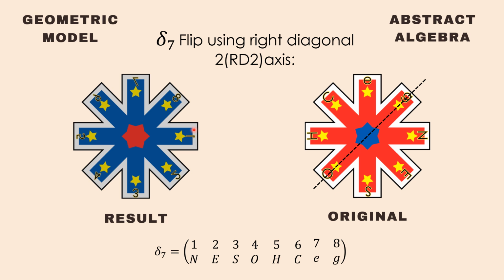The results are 1N, 2E, 3S, 4O, 5H, 6C, 7E, 8G.